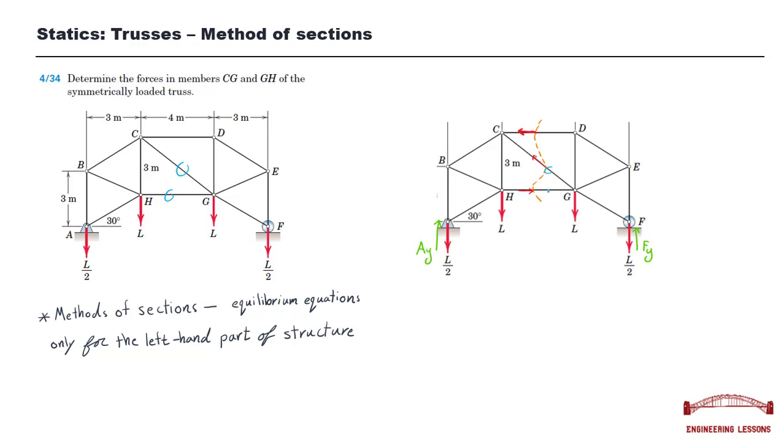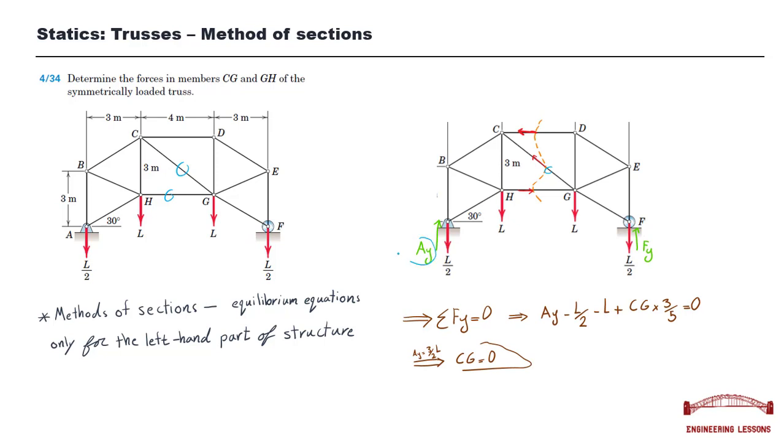We are going to calculate the amount of CG and HG. If you pay attention, we can see that if we write the equilibrium equation horizontally, we have two unknowns, but if we write it vertically along the y direction, our only unknown is the vertical component of CG, so we can calculate it. So let's write it.